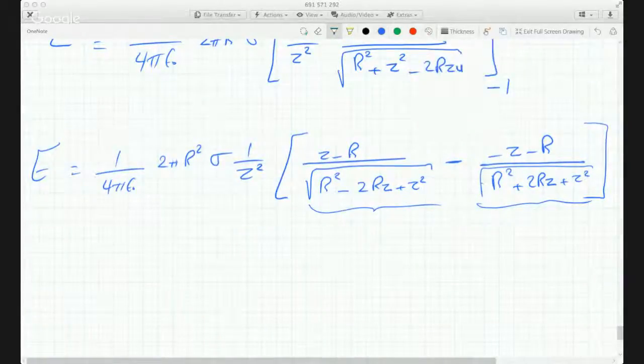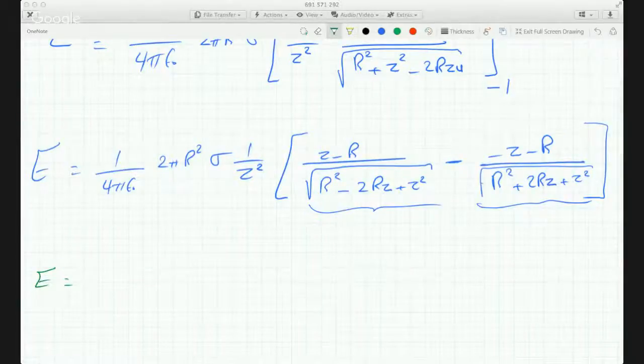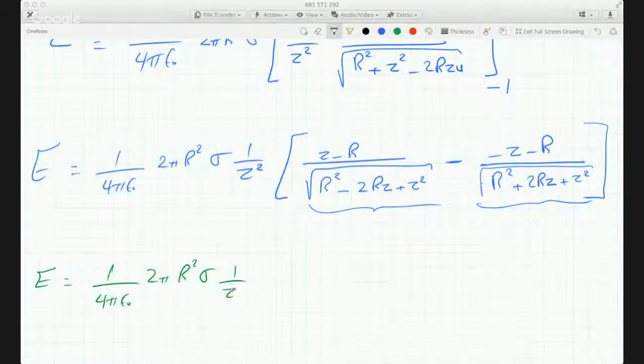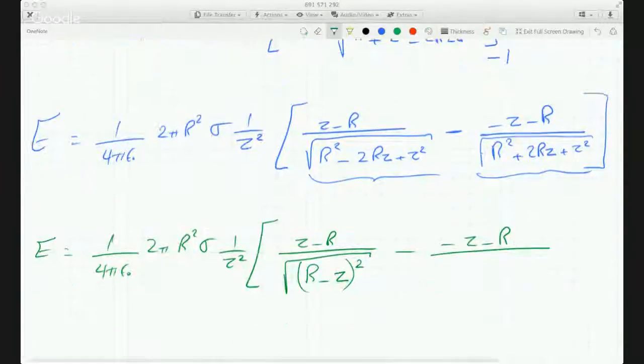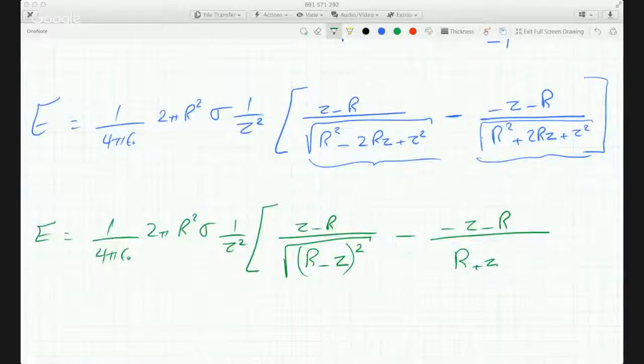Okay, well, fortunately we can factor these two terms. So if we factor these two terms, we get E equals 1 over 4 pi epsilon 2 pi r squared sigma 1 over z squared. This is z minus r over r minus, now here you have to be careful. So you get r minus z squared square root, right? Minus z minus r over r plus z squared square root.